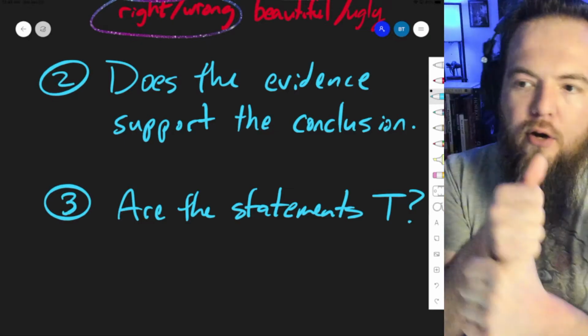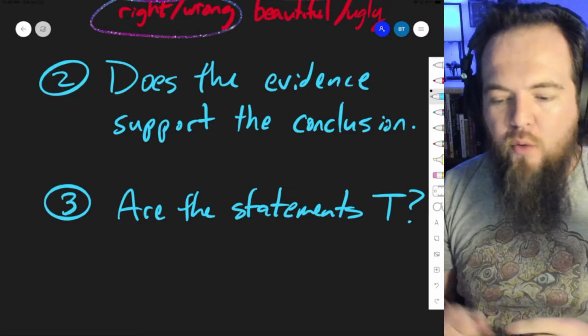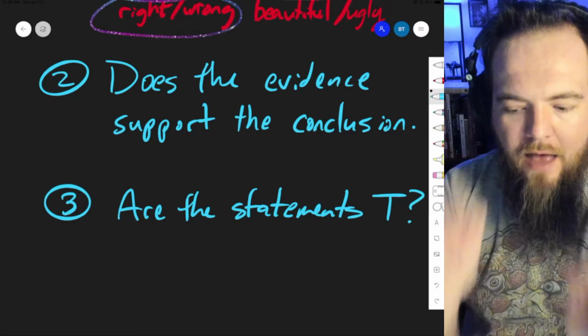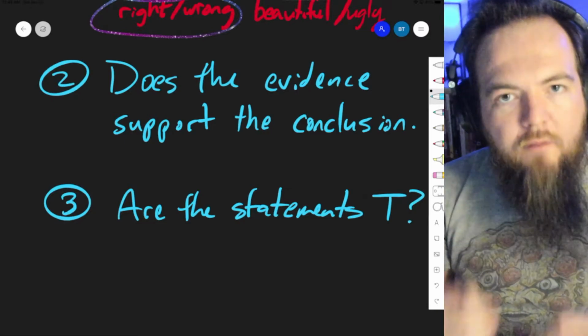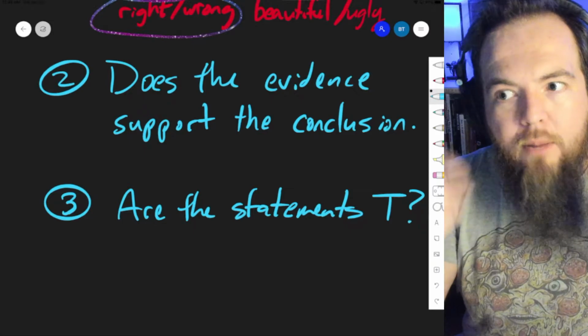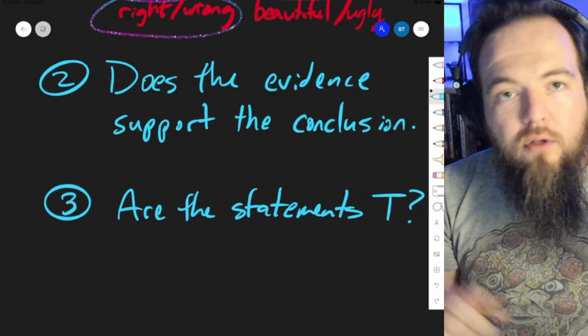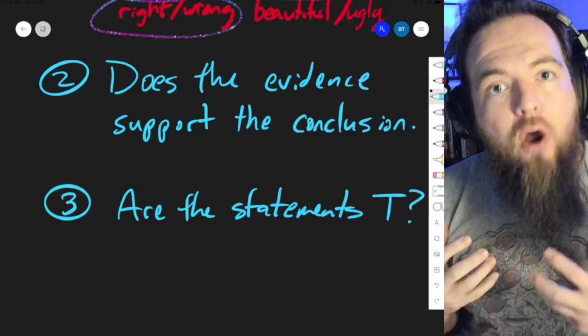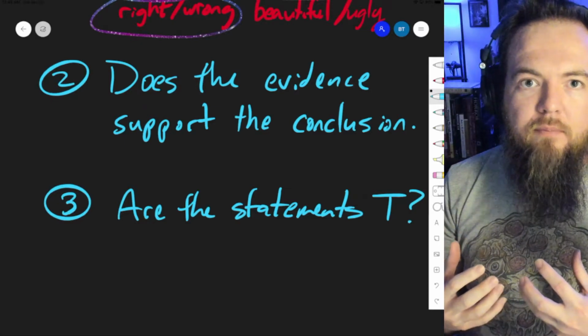But let's say the terms are clearly defined, there's a really tight connection between the conclusion and the evidence. Now we can start to go into the nitty-gritty and we can start to fact check. Are the important statements, the important pieces of evidence, actually true? And if they aren't true, then again, it takes away some of the strength, okay?